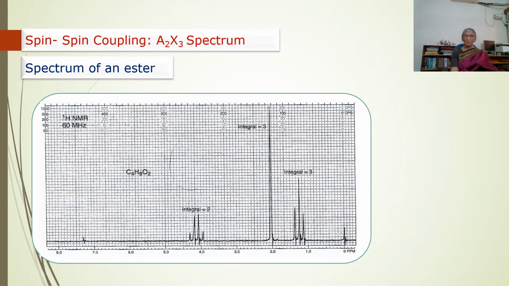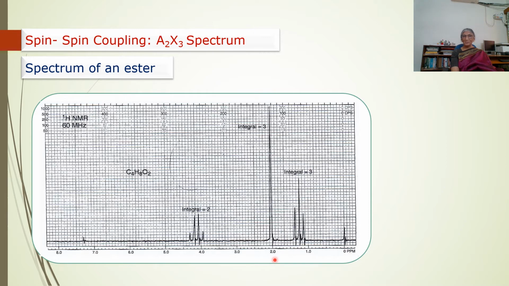This is the NMR spectrum of an ester for which the molecular formula is C4H8O2. There are 3 signals indicating presence of 3 non-equivalent protons. One signal, present at 1.2 ppm, is given by 3 equivalent protons, which is indicated by the integral value, and this is a triplet.